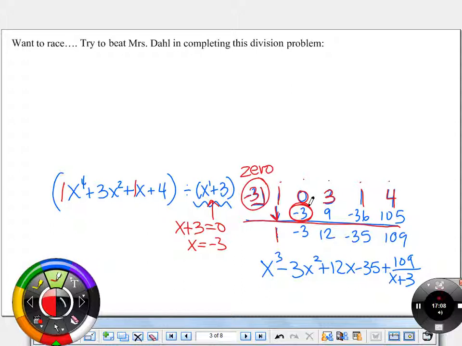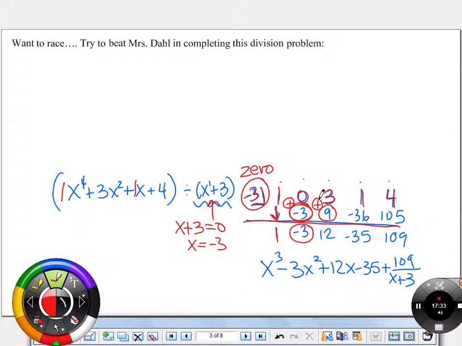What did I do after I filled in this negative 3? I added this column to get this. And once another number showed up below the line, what did I do with that number below the line? Multiplied it by this, and I got 9. And then with the 9, I added up the columns, and I got 12.